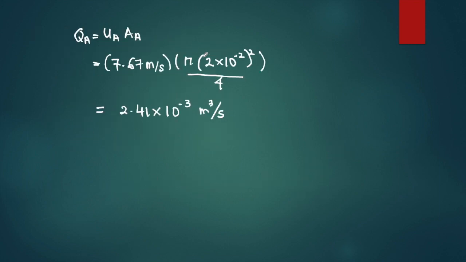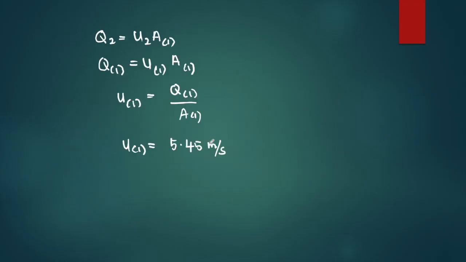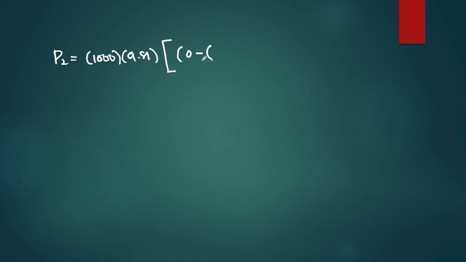So P2 equal to 1000 times 9.81, times my datum Z1 minus Z2. My point number 2 is 7 meter below point number 1, therefore I will substitute negative 7 into my equation.